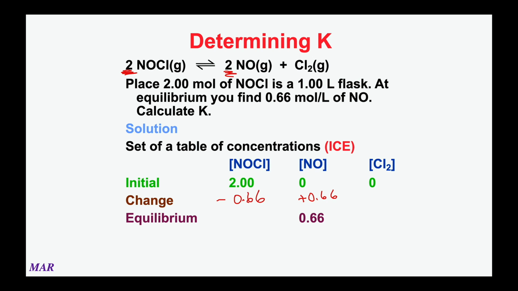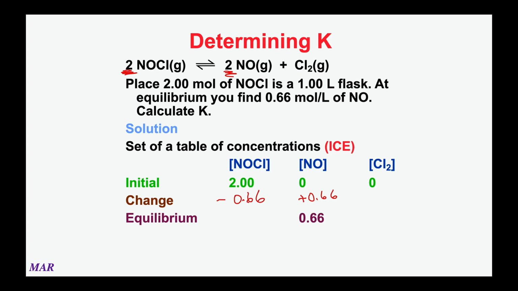This is where knowing an equilibrium concentration is really helpful, because if it started at 0, you can see how much it went up, and you can see also then that the NOCl went down by 0.66. Now, the equilibrium is literally the initial, and then you add the change to it. So in this case, it was 0 plus 0.66 to get an equilibrium of 0.66 moles per liter NO. But for NOCl, that's going to be 2.00 minus 0.66.